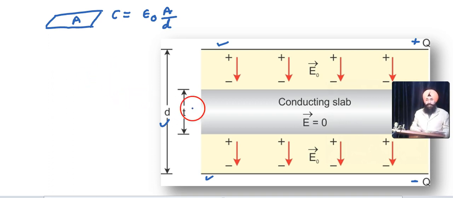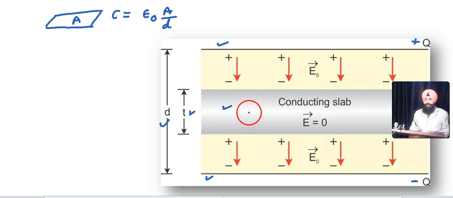Now then, what happened? We have inserted a conducting slab in between the parallel plate capacitor. The thickness of the slab is t. This is a conducting slab, a conductor having millions, trillions, uncountable free electrons.